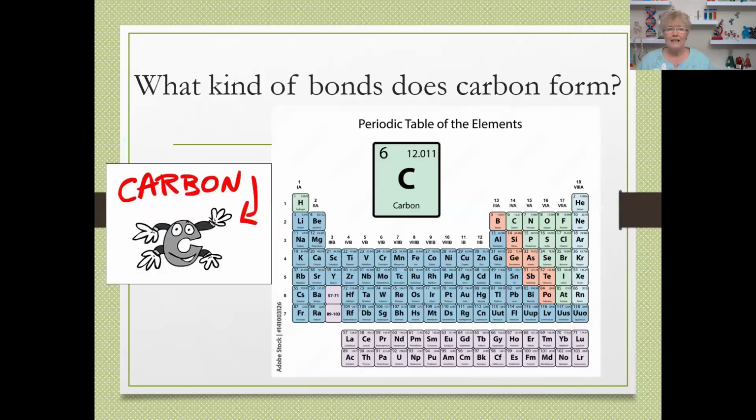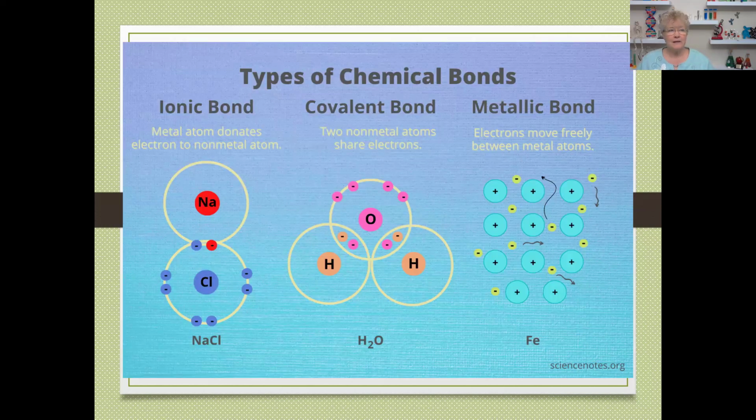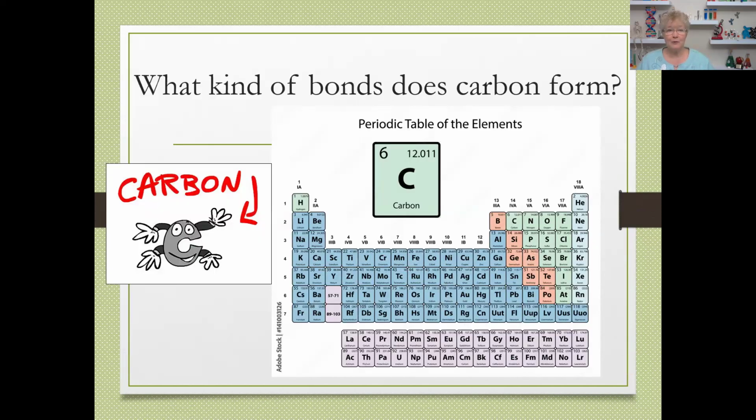All right, so what kind of bond does carbon form? First of all, look where it is. What kind of bond does carbon form? There's the three. Which one of those three does it form? Mostly. Well, only.